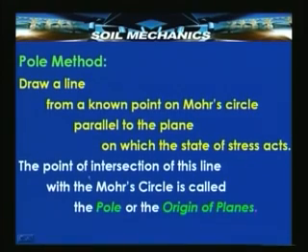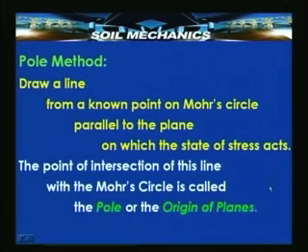What I mean is, you have a Mohr circle, you know the state of stress on a particular plane, choose the point on the Mohr circle which represents this state of stress, and there draw a line parallel to the plane whose state of stress that point represents. Then the point of intersection of this parallel line with the Mohr circle is called the pole. It is also sometimes referred to as the origin of planes.